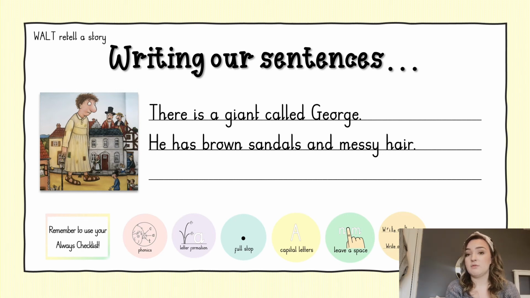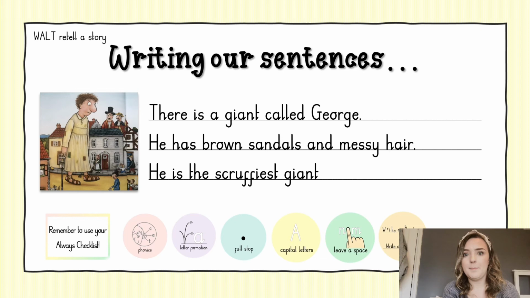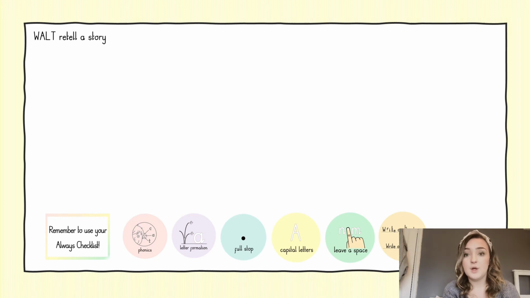He is the scruffy giant, isn't he? But I think I'm going to try and use my suffix est. So I'm going to say, he is the scruffiest giant in town. There we go. So I've done 3 sentences about my first plot point. You might want to do 3 as well. Now you can write as many sentences as you need for that first plot point. Remember, we're only talking about that first plot point.